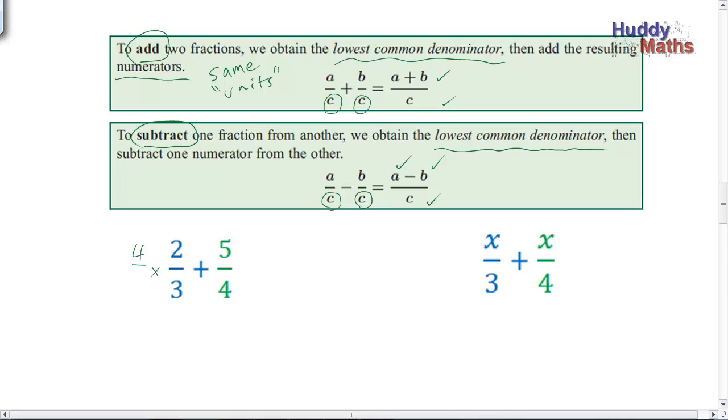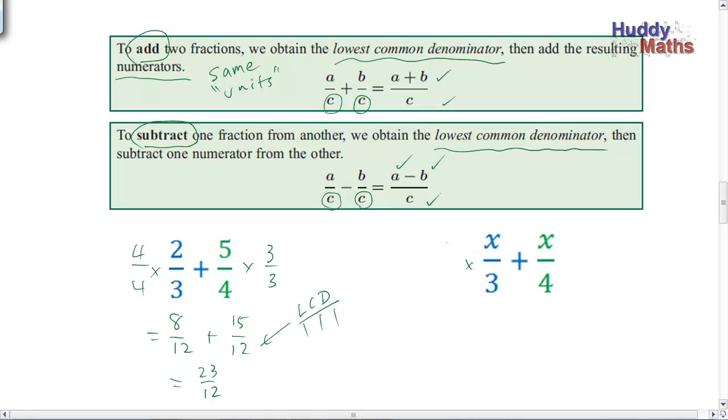This is 4 and 3 again, so it's 8 over 12, and this is 3 over 3, so it's 15 over 12 is 23 over 12. Our common denominator there was the lowest common denominator, LCD. You could use lowest common denominator.